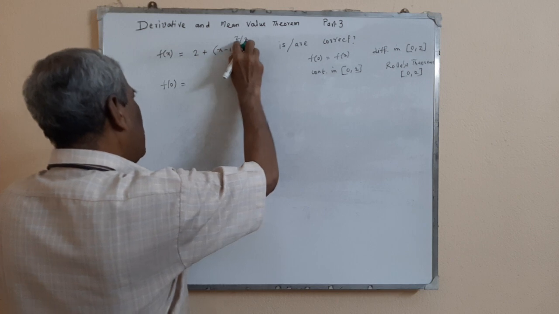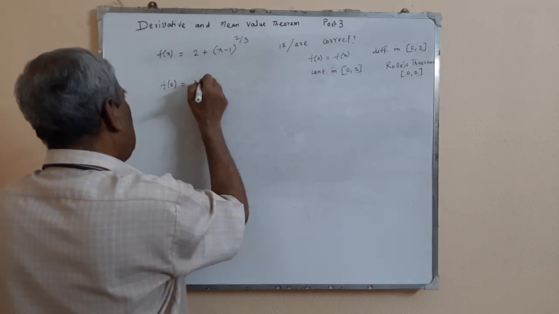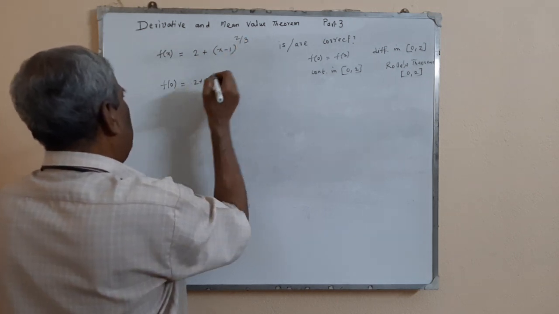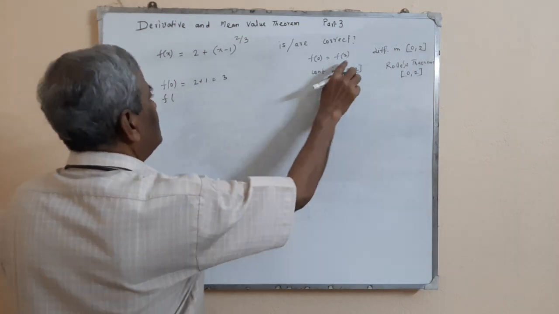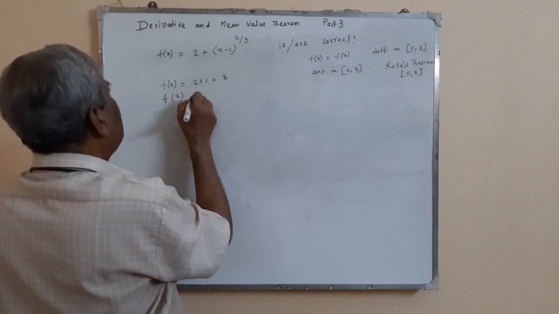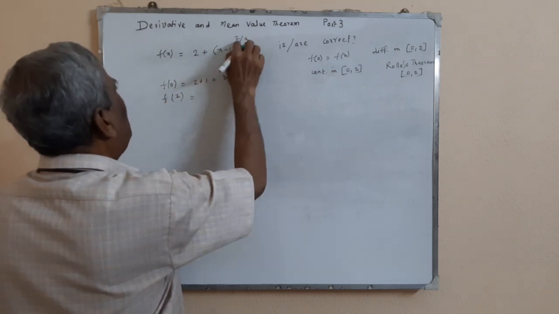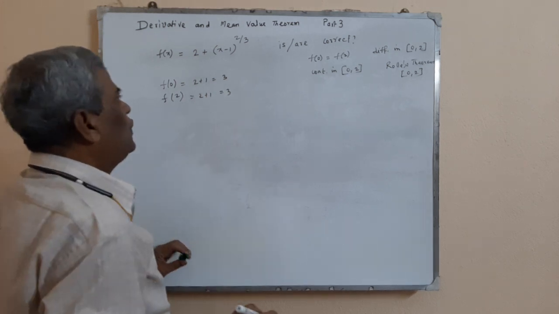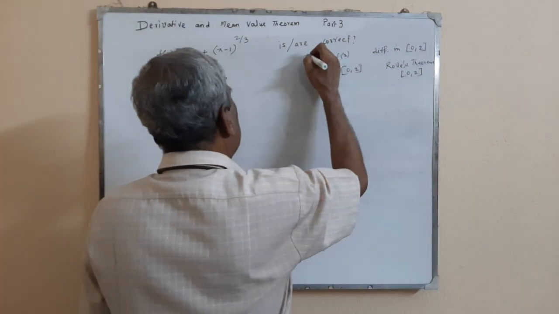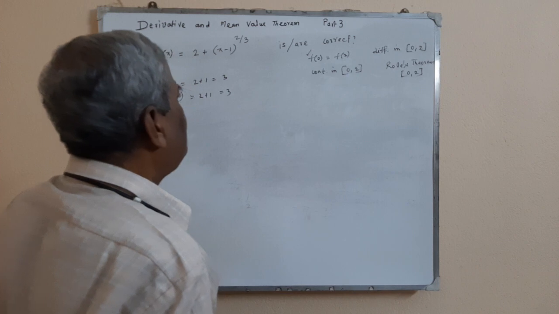So (minus 1) to the power 2 by 3 is 1, so 2 plus 1 is equal to 3. f(2) is equal to 2 plus 1 to the power 2 by 3, means again 1, so 3. So f(0) is equal to f(2). That is correct, number 1.